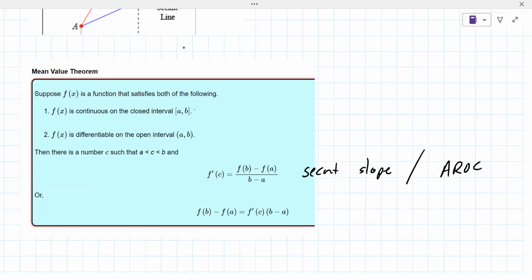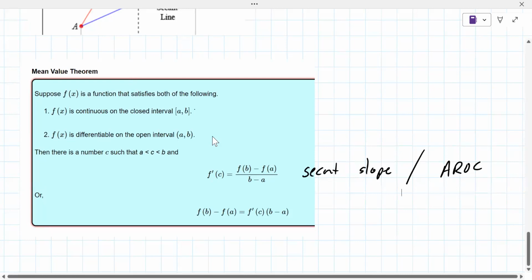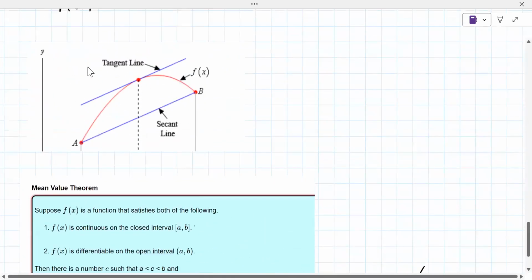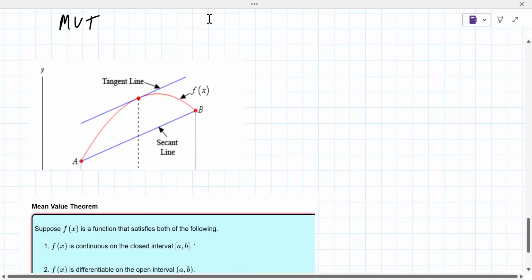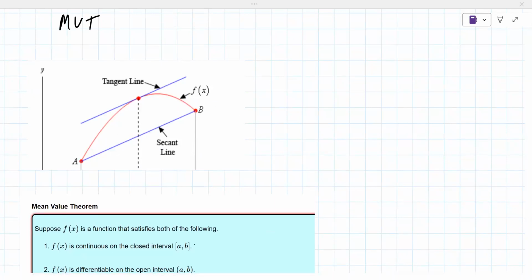You've seen that a bunch in your math classes. Basically, there's a place where the derivative, the tangent line, has the same slope as the secant line. We'll do an example or two. You said number 31. Oh, and this is a picture.